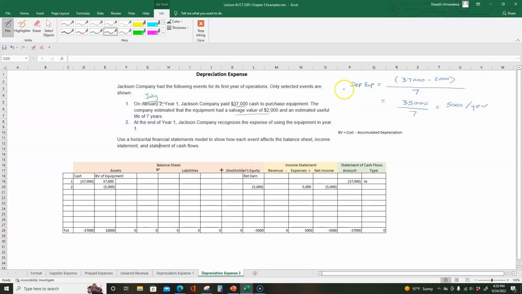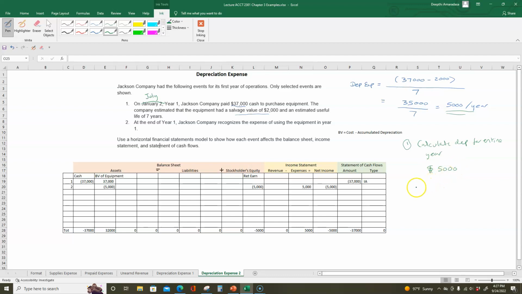We first calculate depreciation expense for the year. So step 1 would be calculate depreciation for the entire year. And we already have done that. We've determined that the depreciation expense for the entire year would be $5,000.